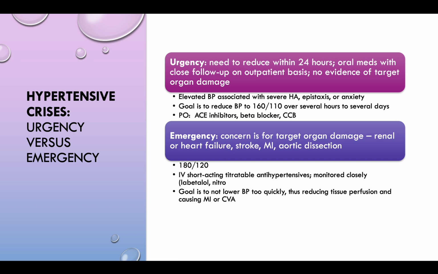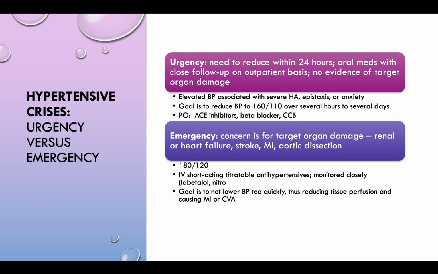Okay, one last thing about hypertension, and that's either there's an urgent or an emergent situation, and we've got hypertensive crises. So urgency versus emergency just depends on how high the patient's blood pressure is and what kind of symptoms they might be having in association with that.